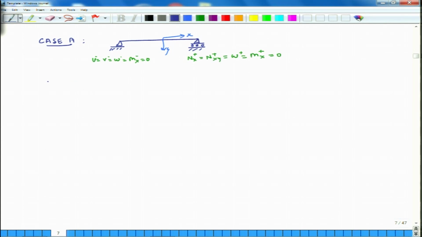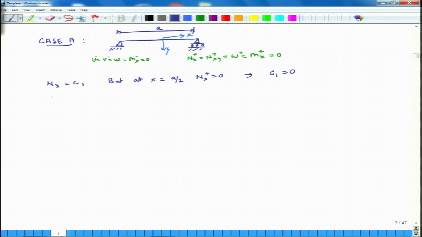First we know that nx equals C1, but at x equals a over 2, where the length of the plate is a, nx equals 0, which means C1 equals 0.